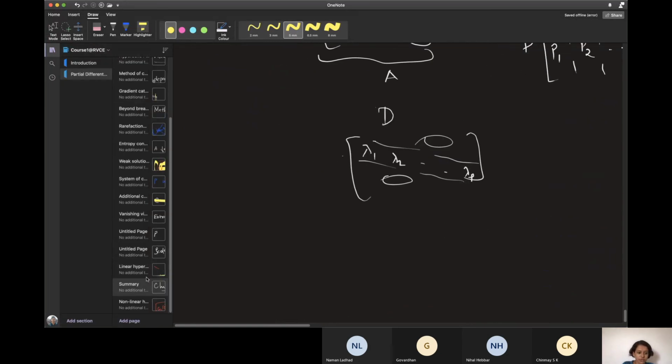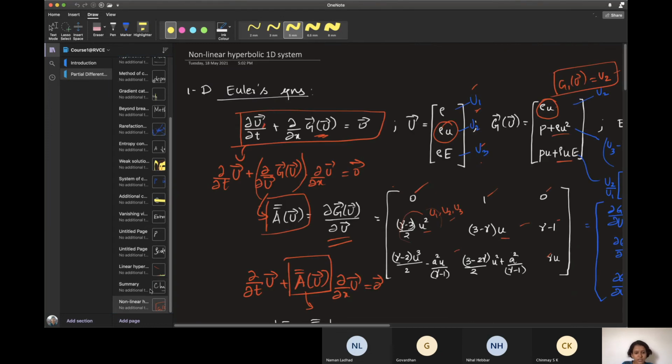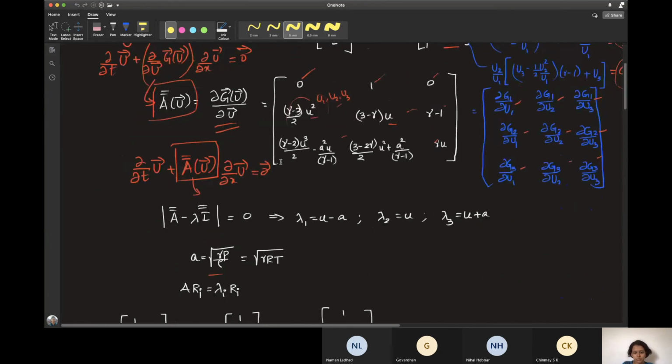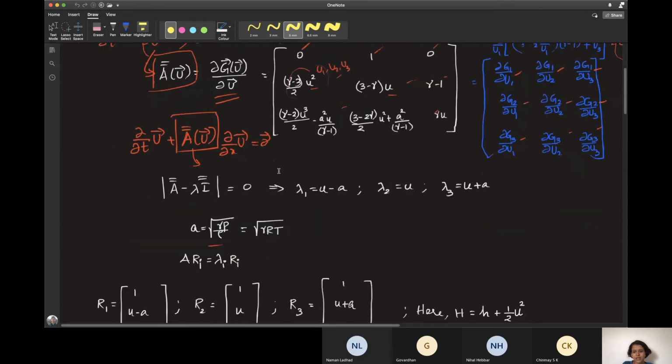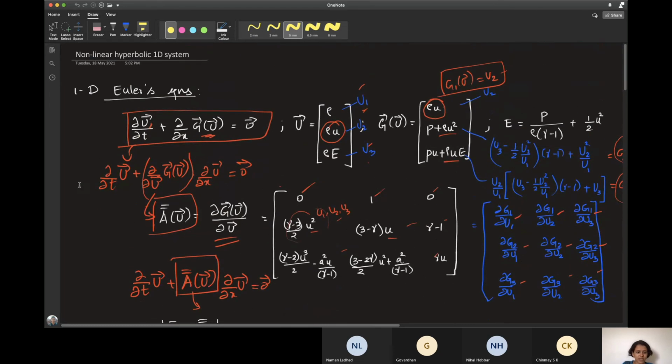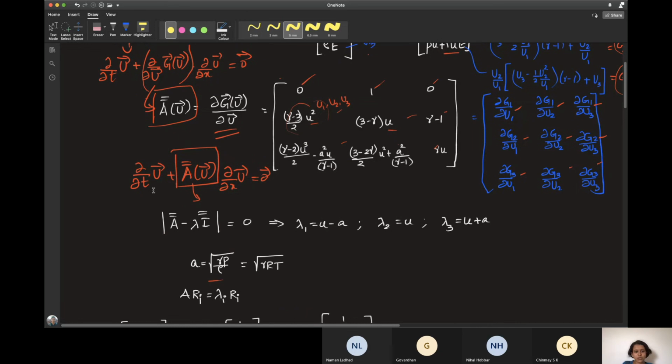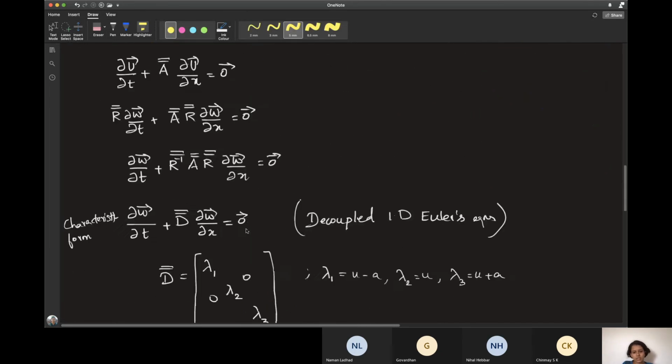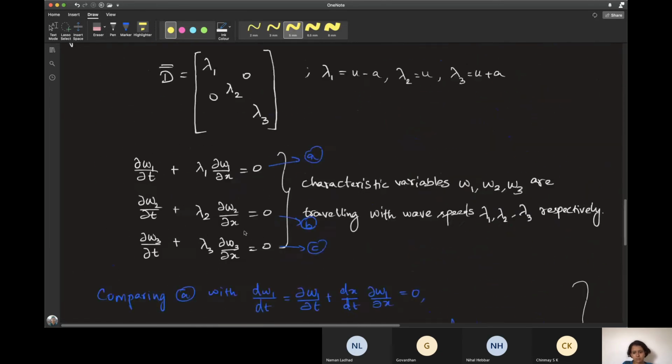That will be a function of u itself. So we'll see what happens in that system. We stopped over here last time. We'll see it in the next class, I guess.